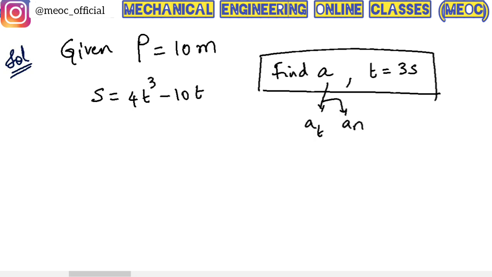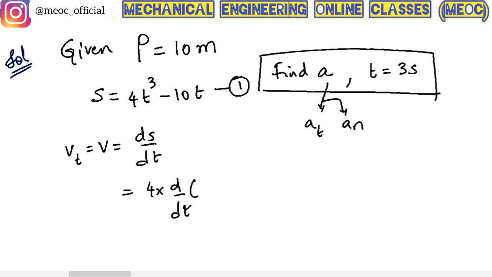So let us first find the velocity. Velocity vt, we don't have vn, so vt itself is v. So v is nothing but ds by dt, the first derivative of this equation. So it will be 4 into d by dt of t cube minus 10 into dt by dt.